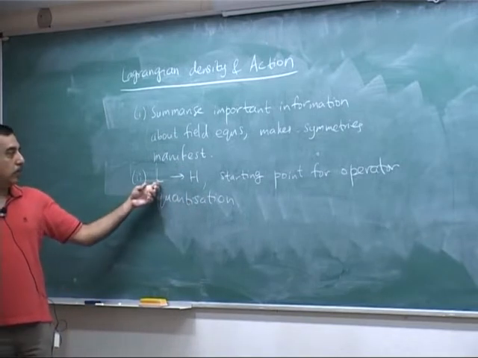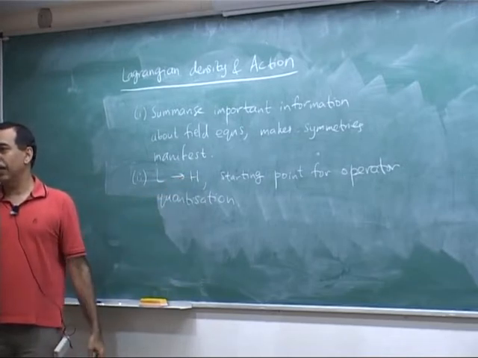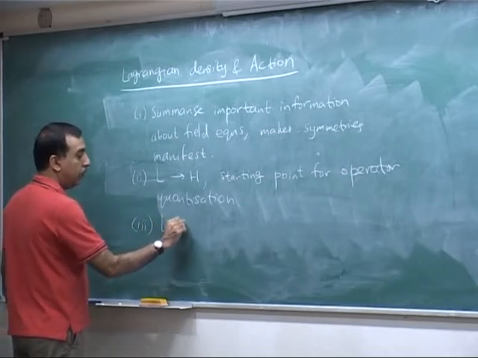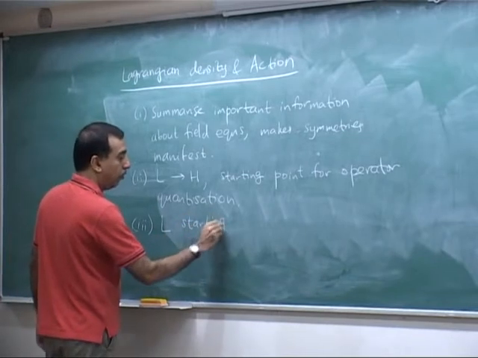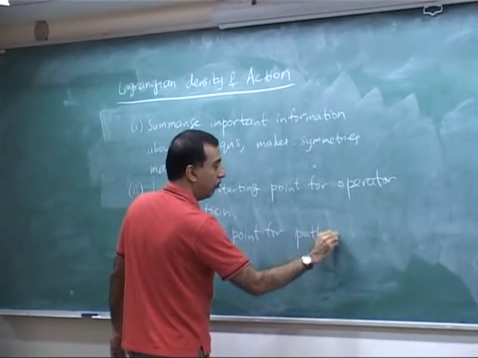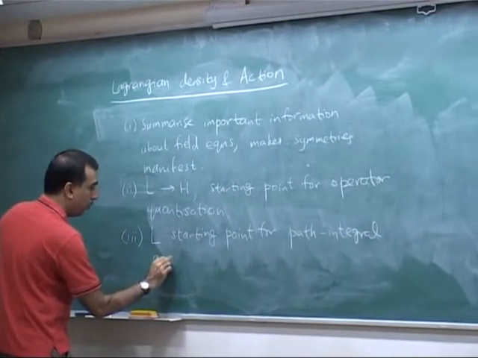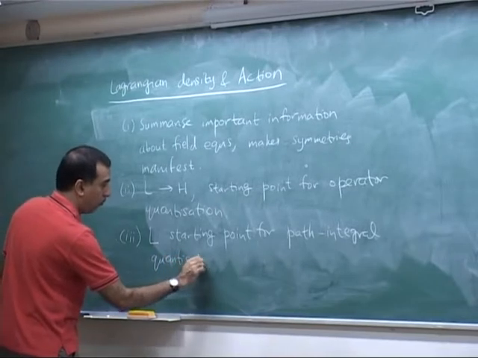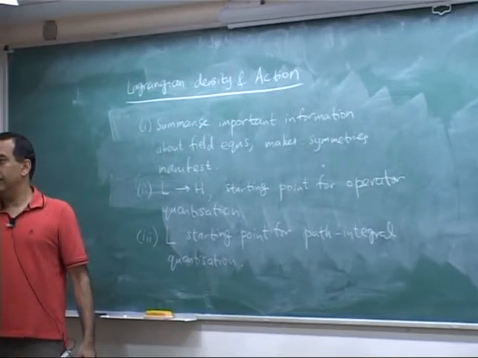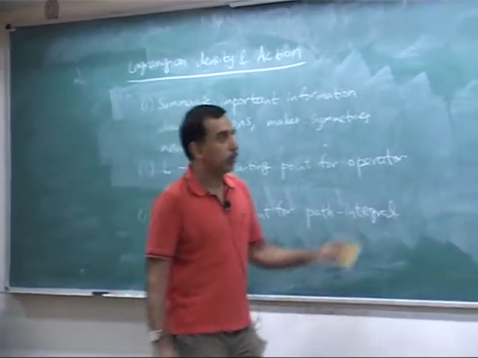But a more natural route is to start with the field theory Lagrangian and quantize the field theory Hamiltonian, just don't refer to those modes anymore. And a third reason, which you won't see in this course, is that L itself is the starting point for path integral quantization. So these are three reasons for working with the Lagrangian density and action, as opposed to just equations of motion.